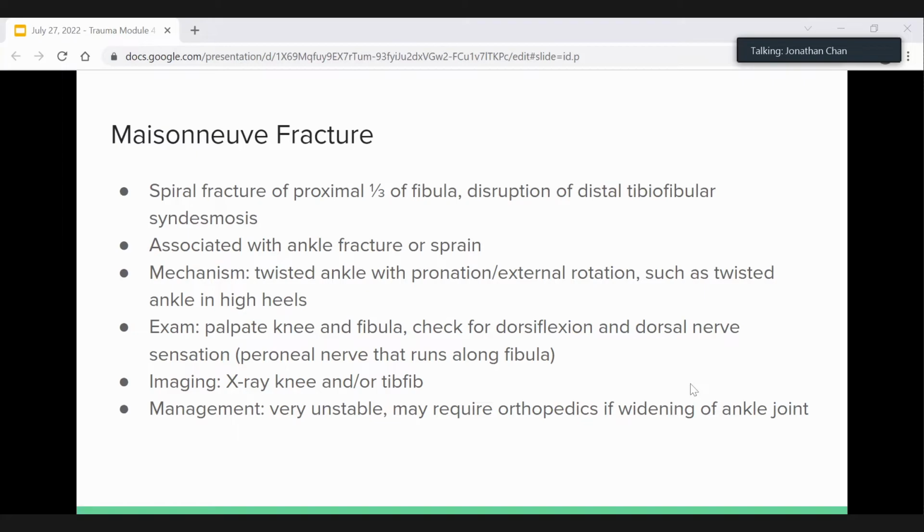The reason people tend to miss this type of fracture is because of someone coming in with ankle pain. If they twisted their ankle, they may be on the ground, they may have been helped onto a chair, onto a stretcher, and never bear weight again on that leg. So you're examining the patient and they have tenderness over the ankle. You get an x-ray, you may see a fracture, you may see a sprain there.